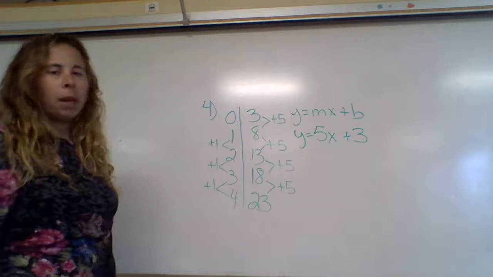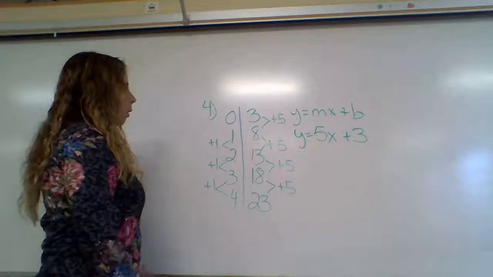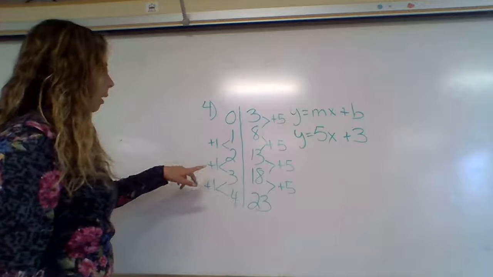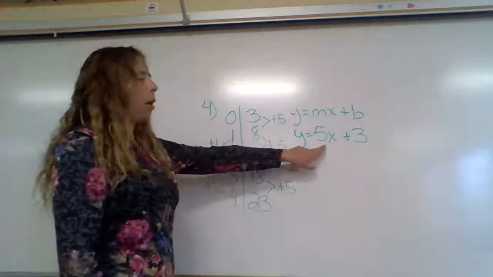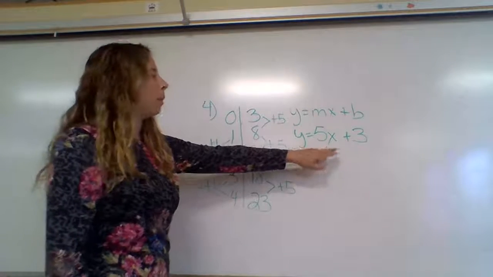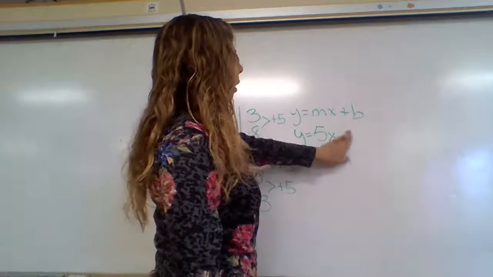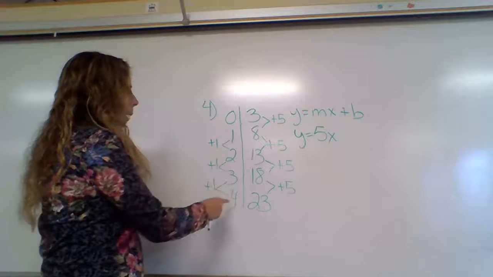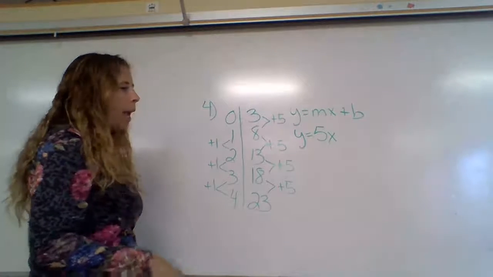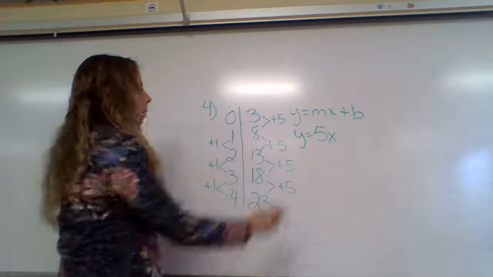Okay? What else? Another way you could do it, if you don't want to do it that way, is say, okay, my slope was 5. Let me get rid of this for a second. So I'm going to multiply my x value by my slope. And then what else do I need to do? So my slope is 5.